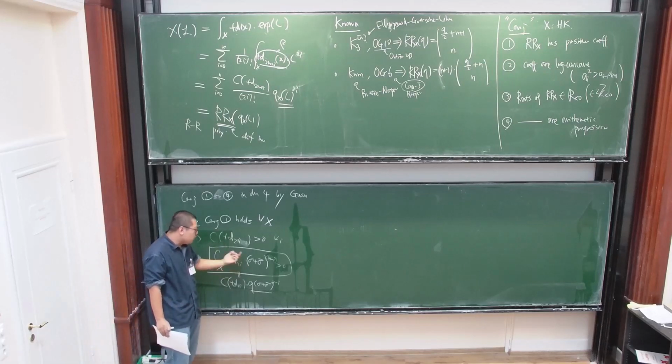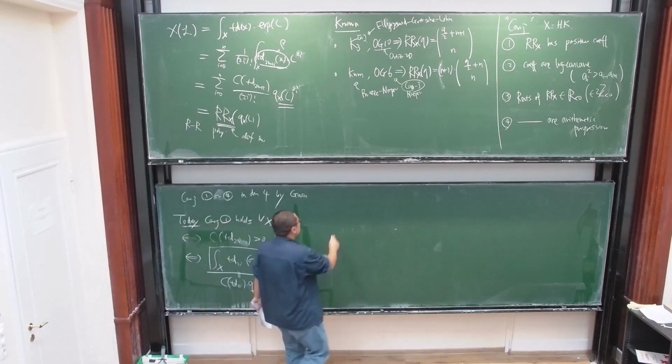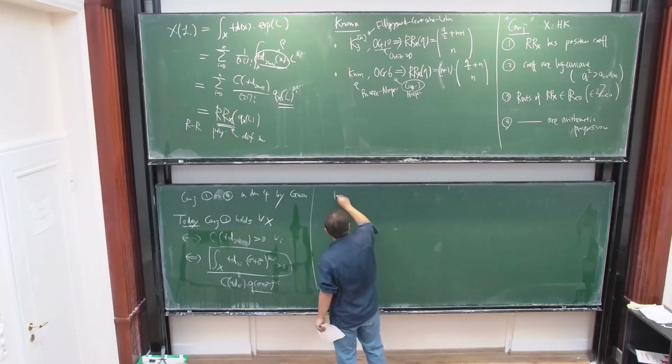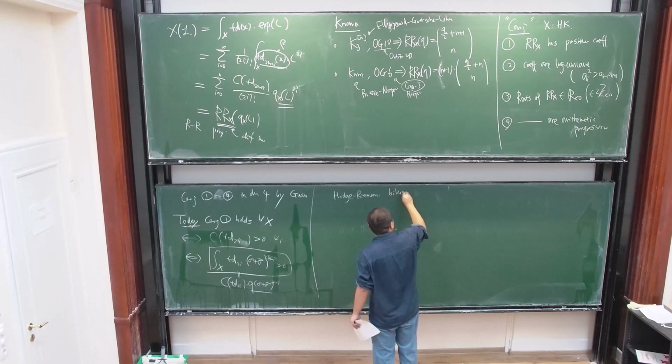The only tool we know for this kind of result is the Hodge-Riemann bilinear relation. So the basic idea is we use the Hodge-Riemann bilinear relation.